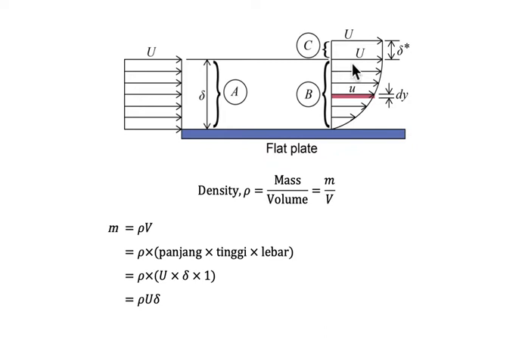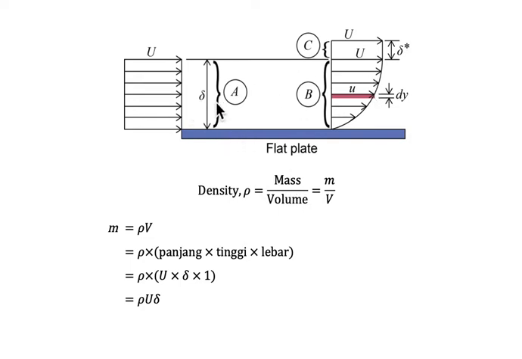So at the top of this area, the velocity has already reached the free stream velocity, so we mark this velocity as capital U. And then we need to increase a little bit to make sure that the total mass at the outlet must be equal to the total mass at the inlet. So we give a definition. The height of this one is the displacement thickness.